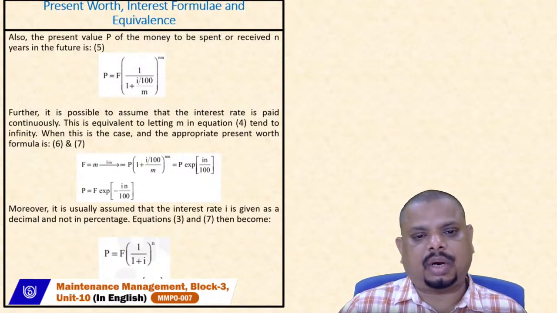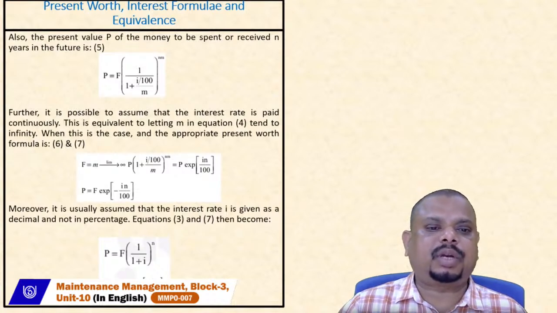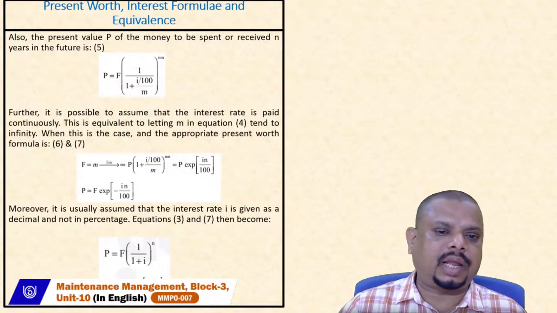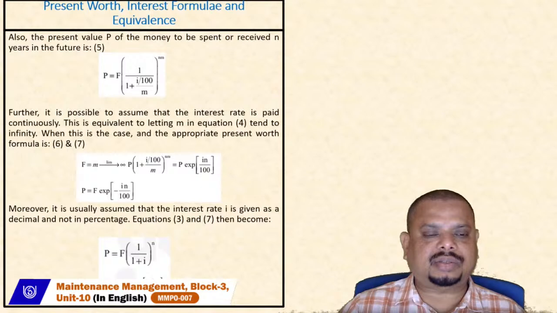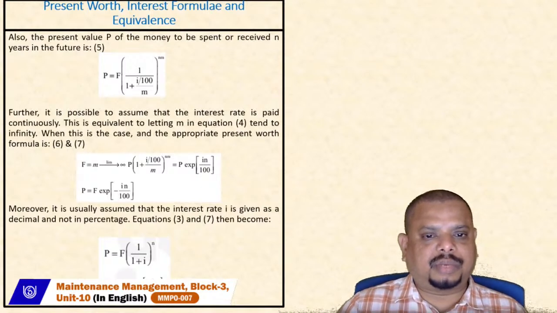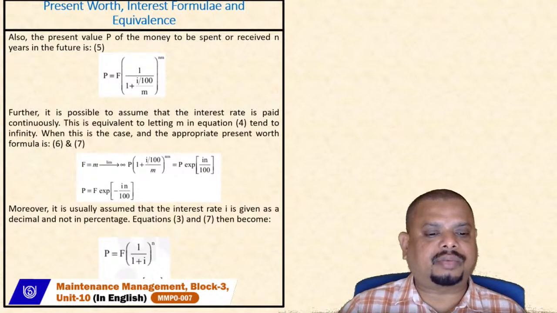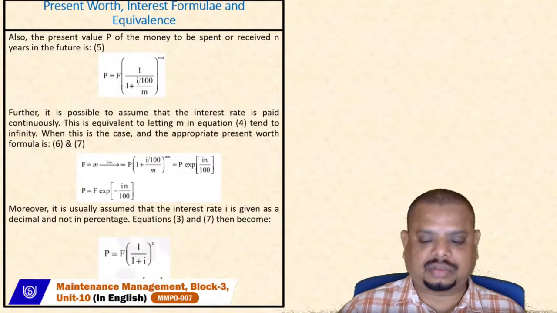So whenever you think about implementing replacement policies for highly expensive machines or equipment, you have to use these mathematical expressions to calculate the principal amount with the help of present worth, rate of interest and number of years.